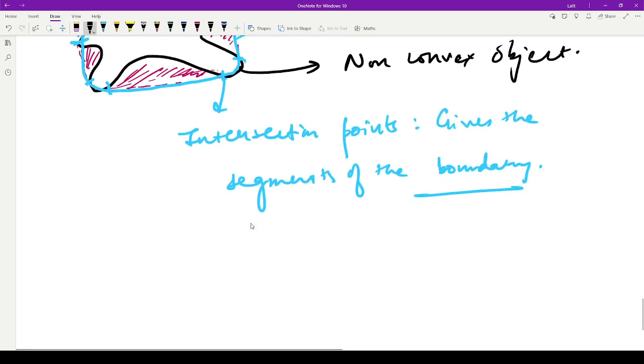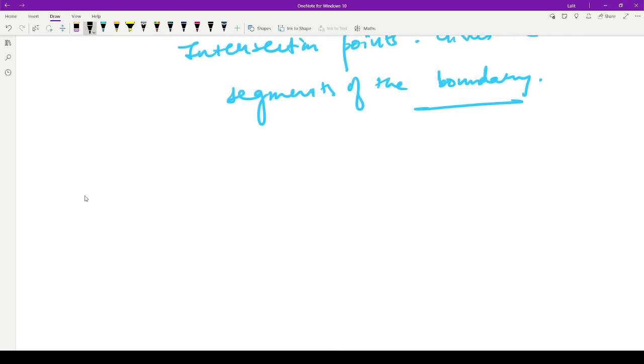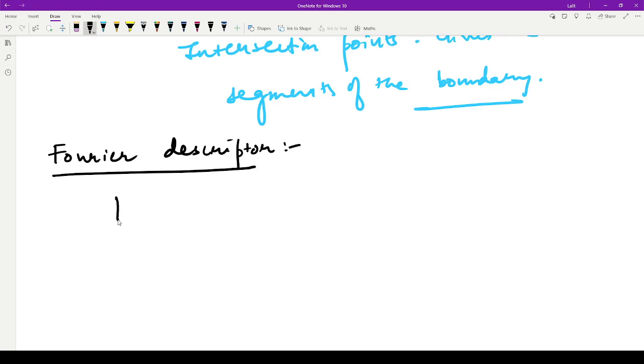Okay, given this, there is one more descriptor, the Fourier descriptor, where a Fourier transform is used. There are two or three different types of Fourier transforms that were discussed previously. Here the specific one is the discrete Fourier transform.